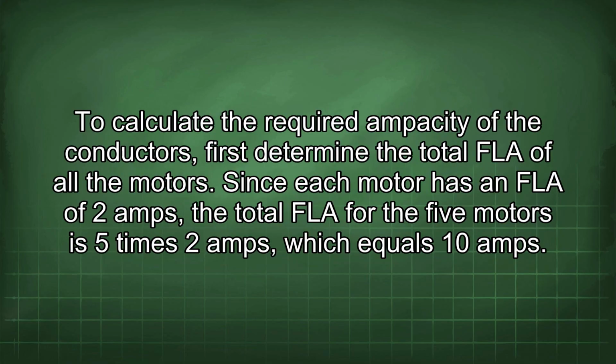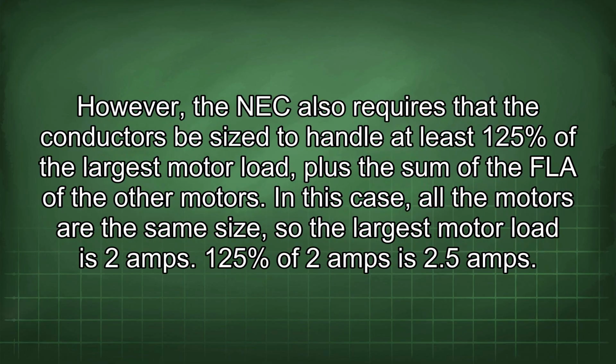To calculate the required ampacity of the conductors, first determine the total FLA of all the motors. Since each motor has an FLA of 2 amps, the total FLA for the 5 motors is 5 times 2 amps, which equals 10 amps. However, the NEC also requires that the conductors be sized to handle at least 125% of the largest motor load, plus the sum of the FLA of the other motors.